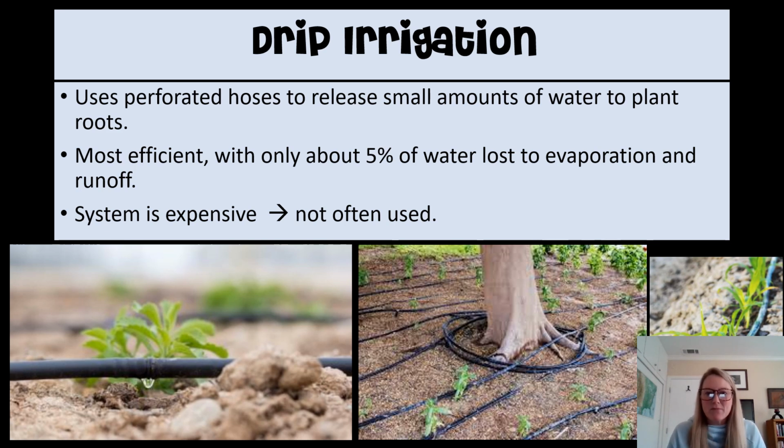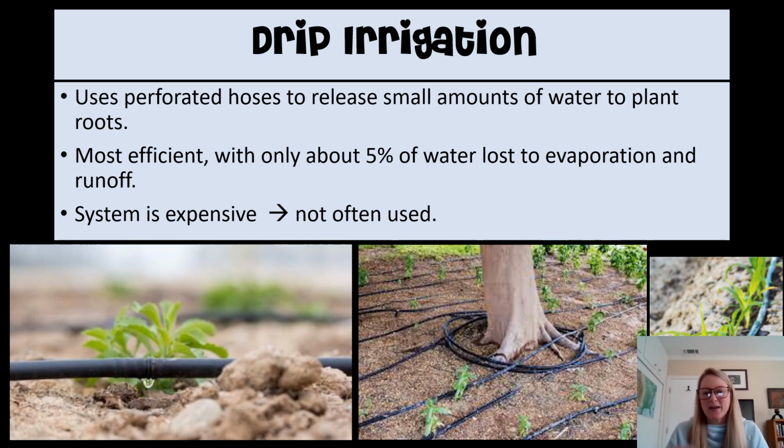This is the one that's most efficient because in drip irrigation, what you do is you take tubes and you perforate the tubes. So you put holes in these tubes and then you move the tubes so that the water that comes through that little hole directly arrives at the plant roots or near the plant roots. So you can see here in these pictures, these little tubes are moving around or near the plants to deliver the water directly towards the plant.